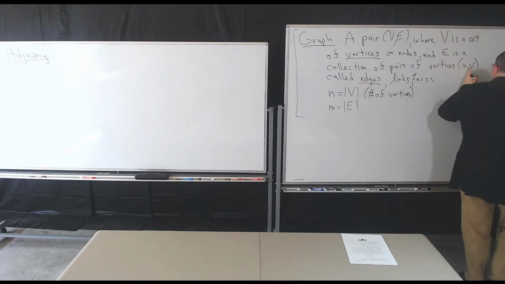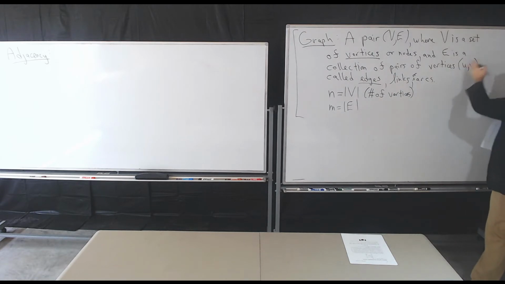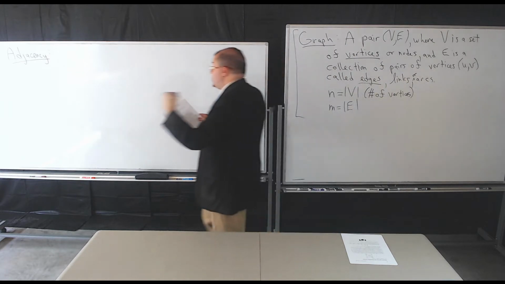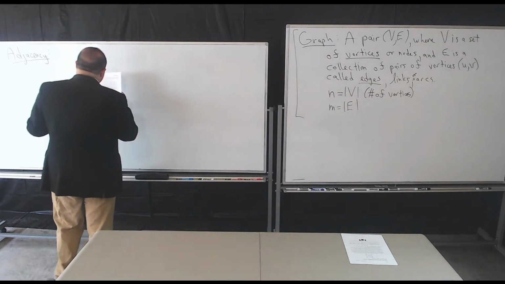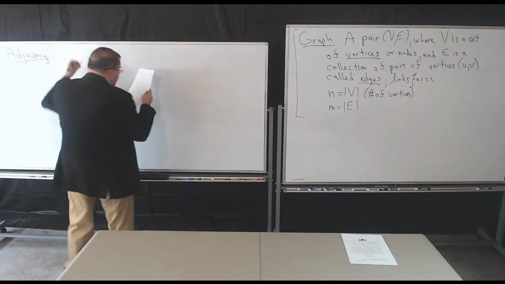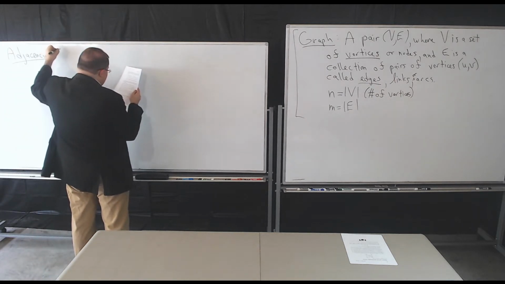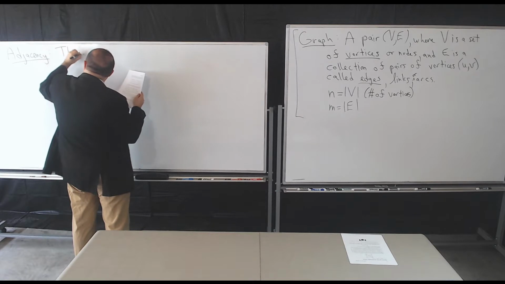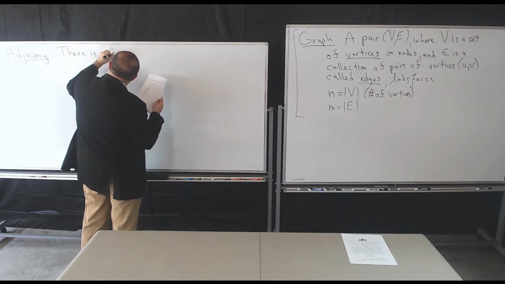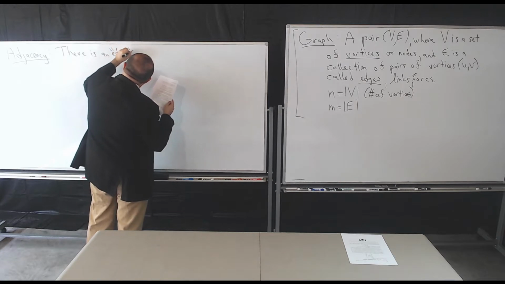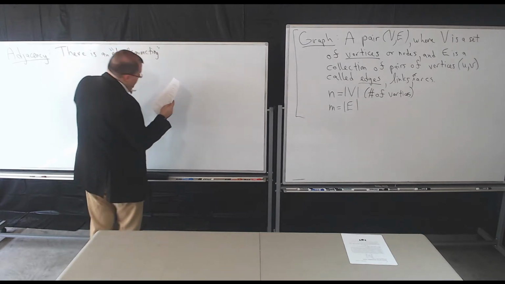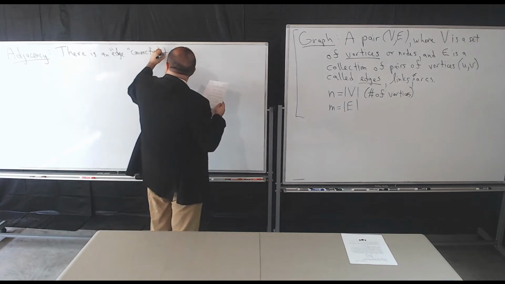If there's a (u, v) edge, if that exists, then we would say u and v are adjacent to one another. So it's a relationship between vertices. So I'll just say there is an edge, in quotation marks, connecting two vertices.